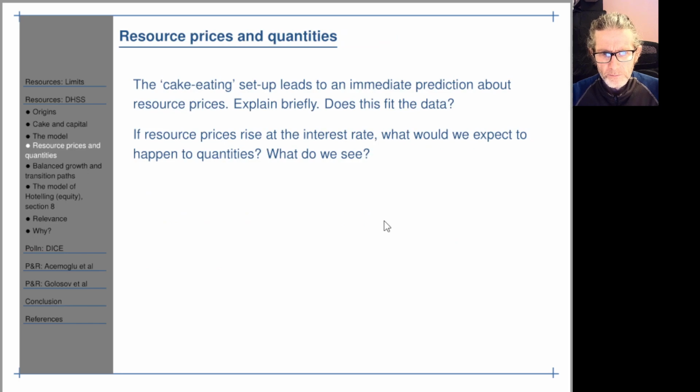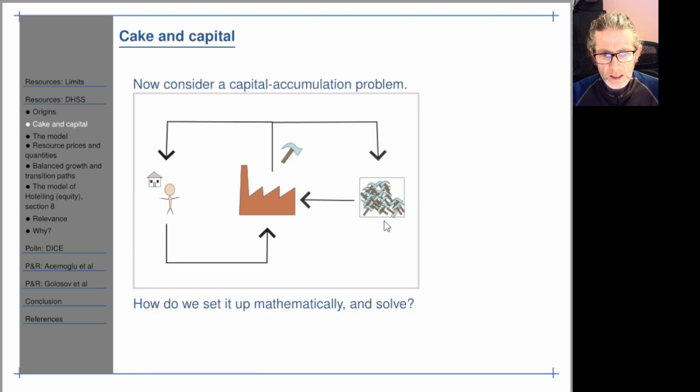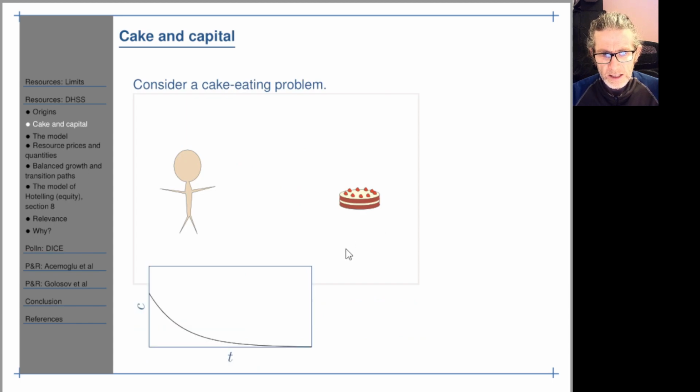So, immediate prediction about resource prices. They should grow at the interest rate, which means they should grow pretty fast. Does this fit the data? Well, we'll see shortly. If resource prices are growing like that, what will we expect to happen to quantities? Plus, of course, we can go back to the cake eating model and say, look, the quantity clearly has to decline in the long run.